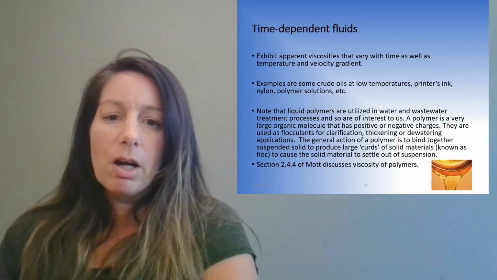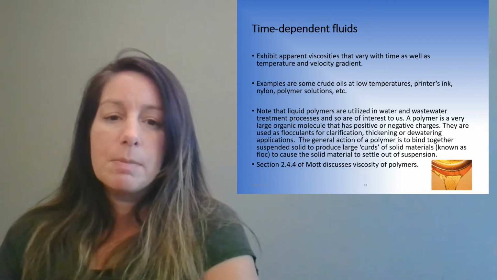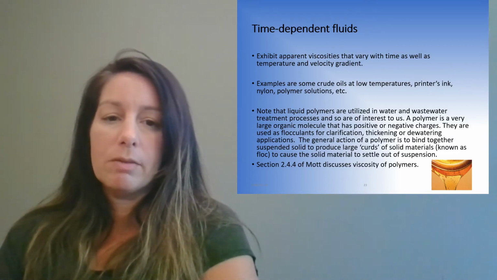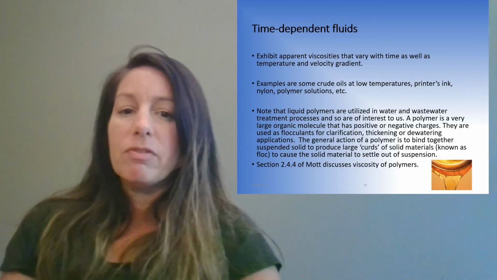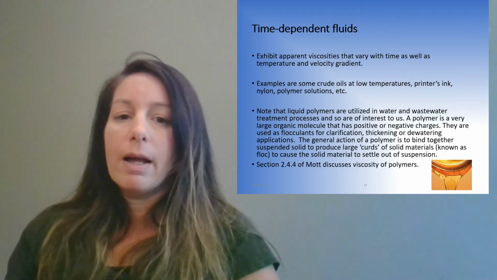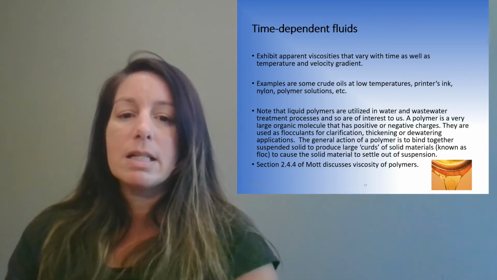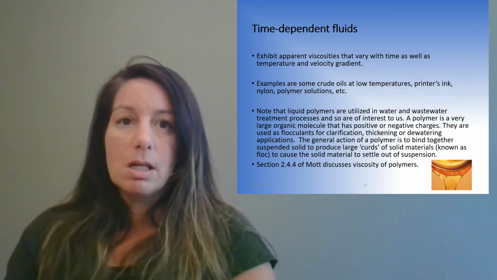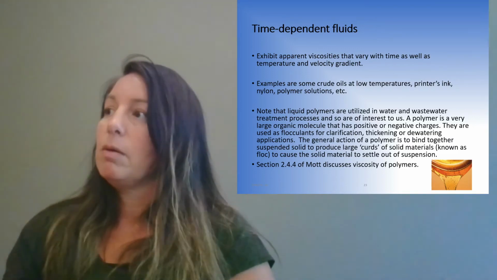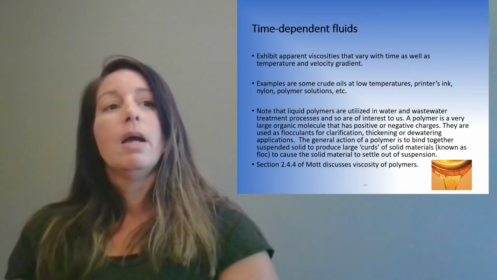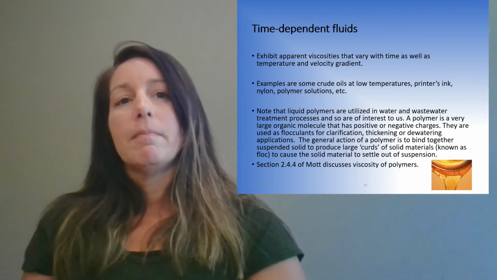A polymer is a very large organic molecule that has a positive and or negative charge. They are used as flocculants that clarify, thicken and dewater. Maybe we'll talk about it on Wednesday.